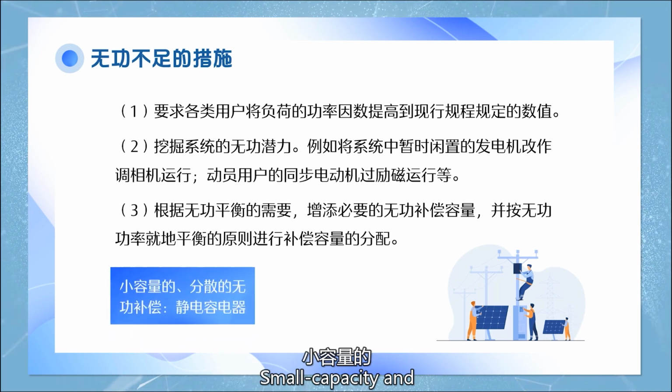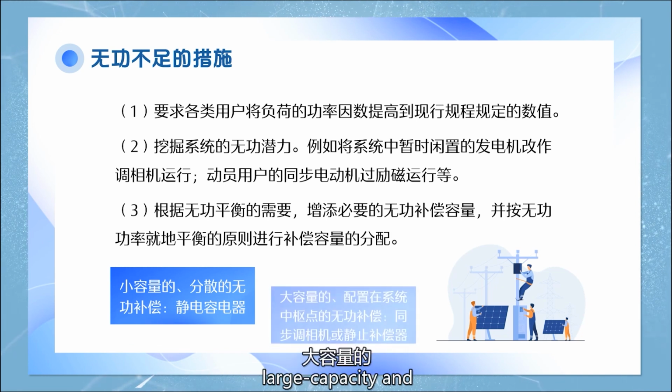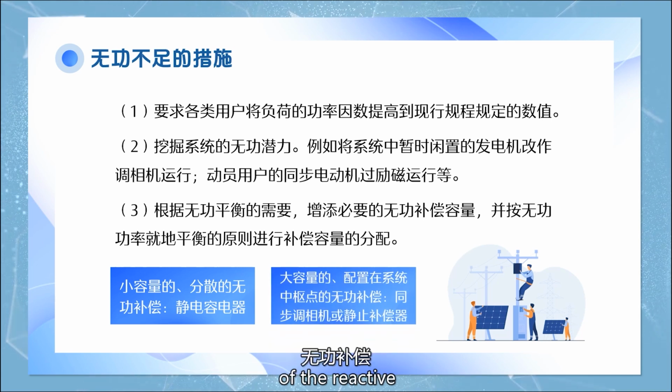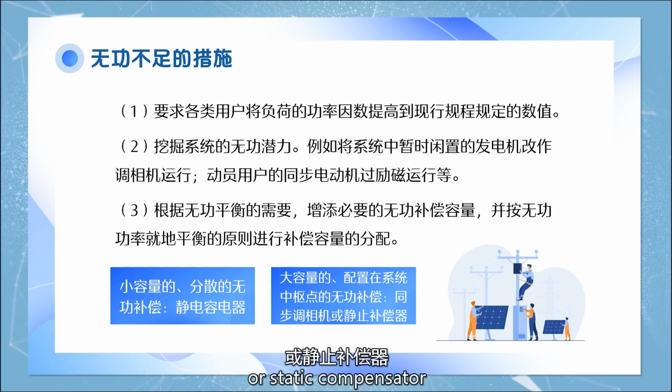Small capacity and decentralized reactive power compensation can use static capacitors. For large capacity compensation configured at the system pilot node, it is appropriate to use a synchronous condenser or static compensator.